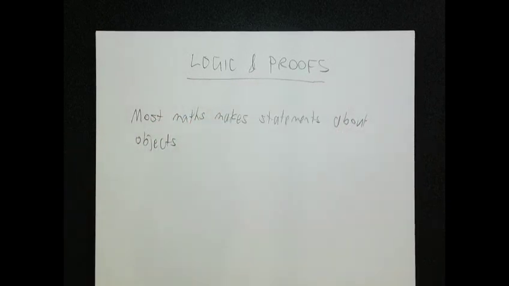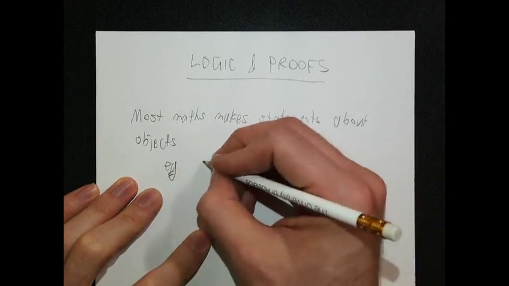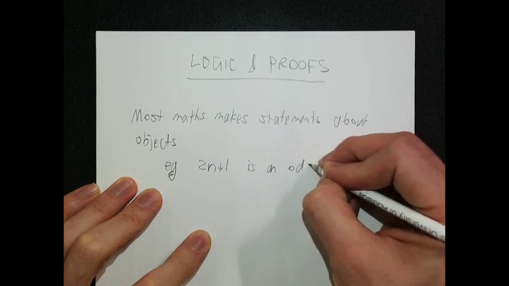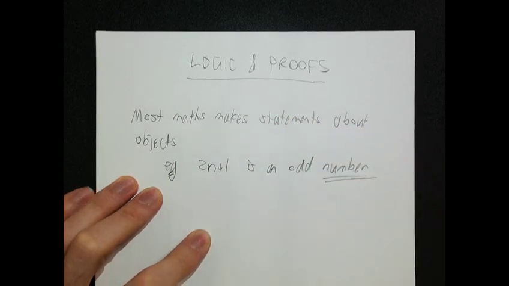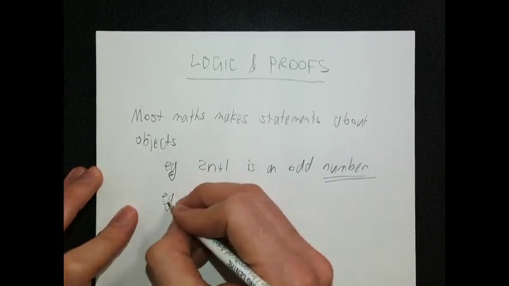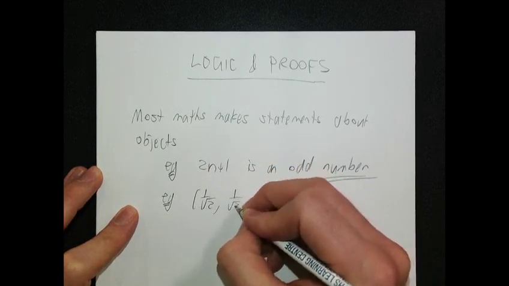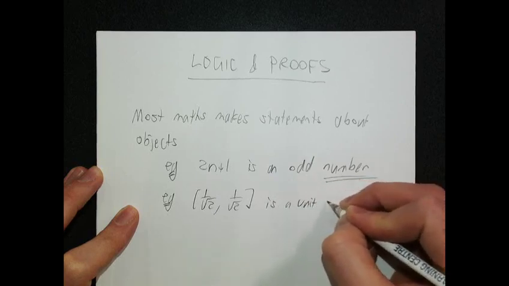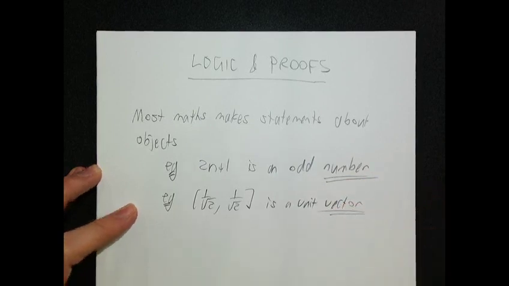So you might make statements like, e.g. 2n plus 1 is an odd number, and the statement is about numbers. Or one on root 2 is a unit vector, which is a statement about vectors.